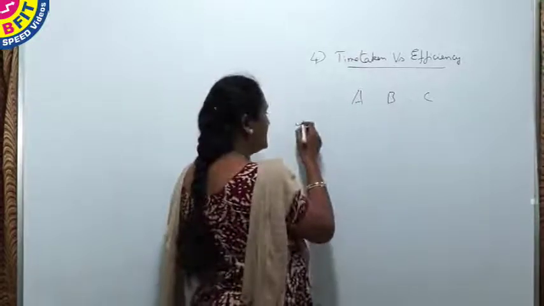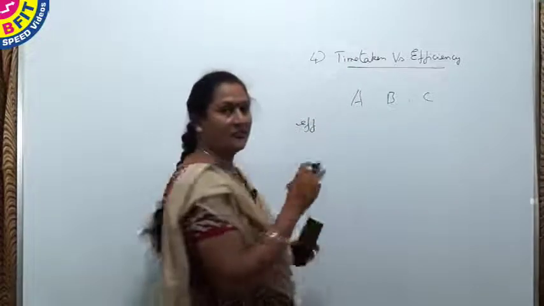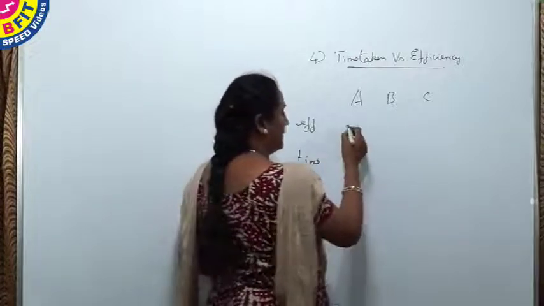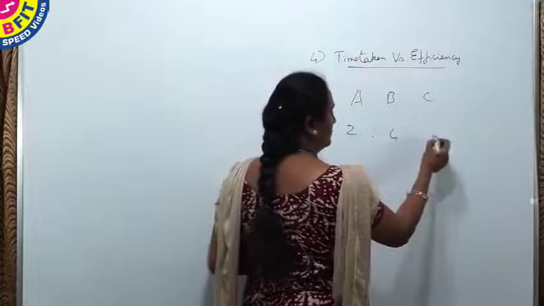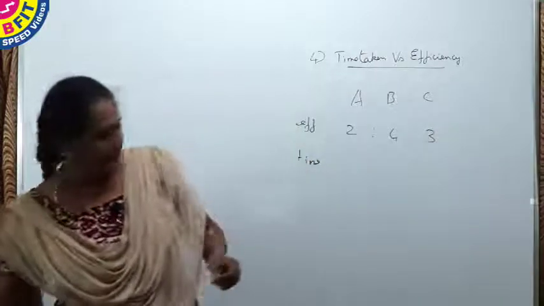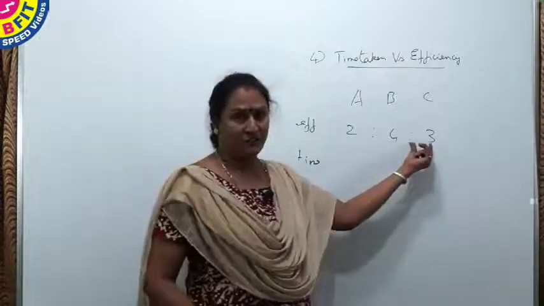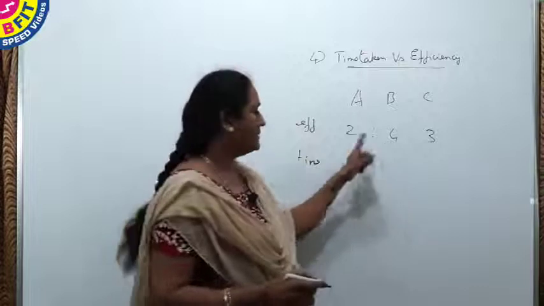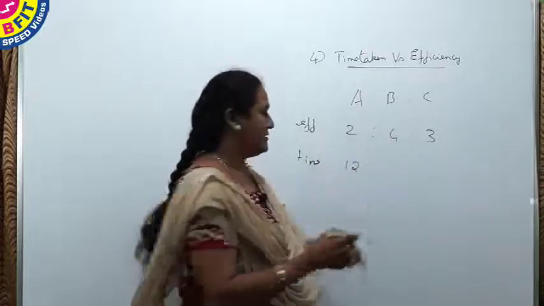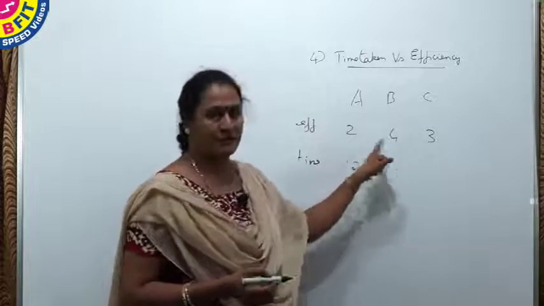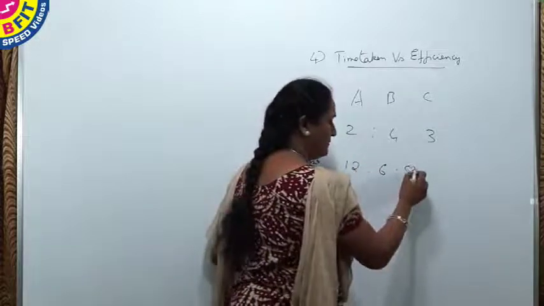Suppose efficiency is given, that is work is given, and you need to find the time. Say the ratio is 2:4:3. To find the inverse ratio, for A multiply the other 2 parts, that is 12, and for B multiply the parts of A and C, that is 6, and for C multiply the other 2 parts of A and B, that is 8.